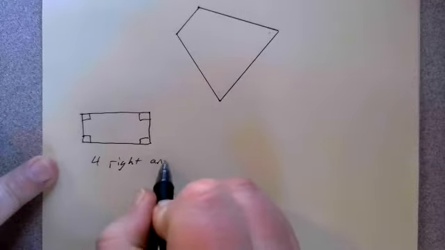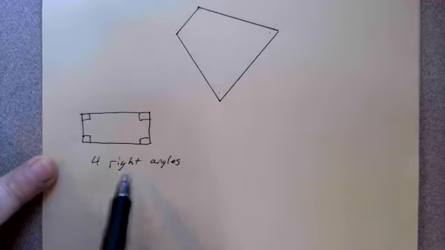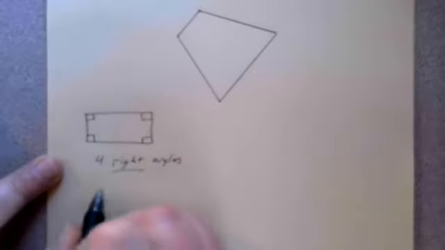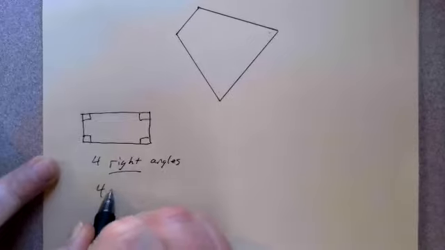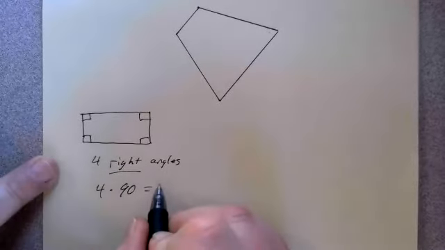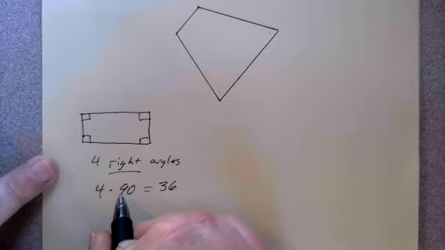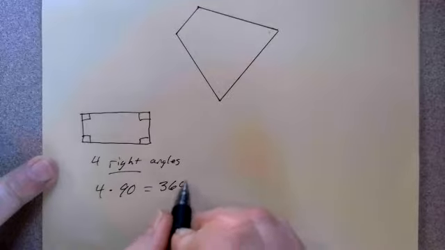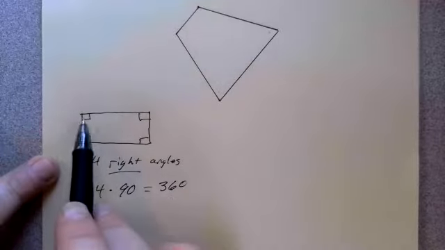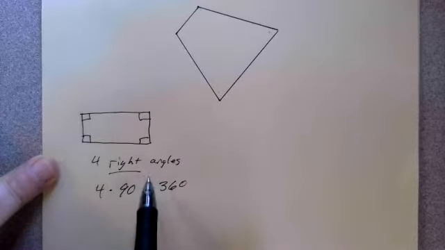A right angle is how many degrees? 90, right? So 4 times 90 gives us a grand total of... 4 times 9 is 36. Put 0 on the end, so 360. So the total angle measures of a rectangle are 360.